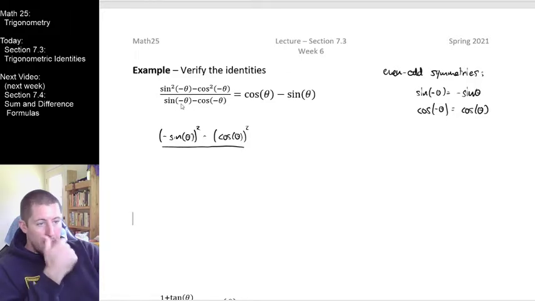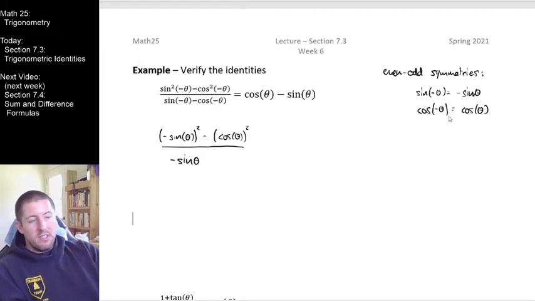Similarly, on the bottom down here, it seems like this is going to be a sine of negative theta, which is the same as negative sine of positive theta. And I know that cosine of negative theta is just the same as positive cosine of theta. So I'm going to basically just ditch that negative on the cosine term right there. I'm going to go ahead and leave my right-hand side alone. Don't you touch that other side.